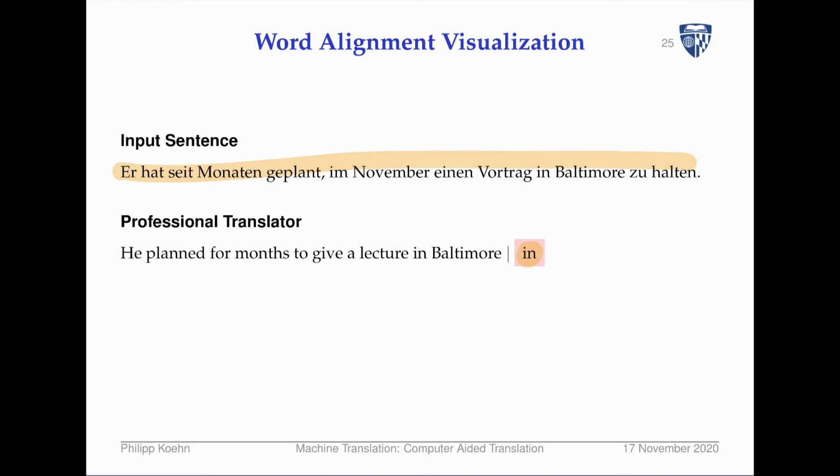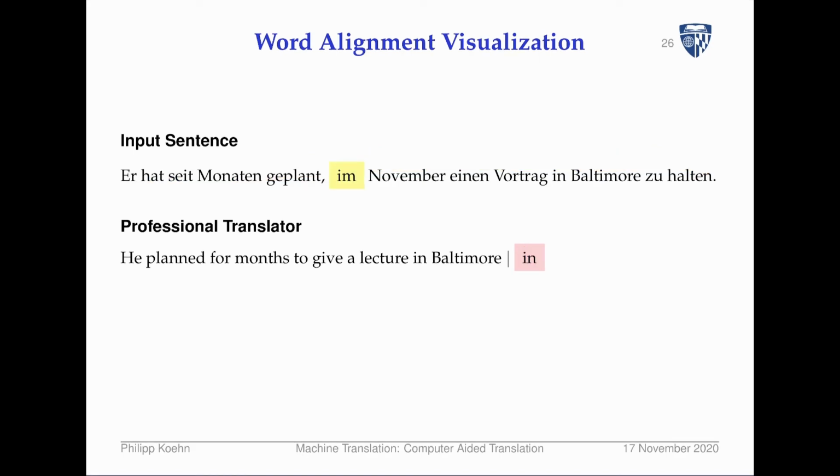So it might be interesting to show the translator, hey, I'm proposing to translate the word "in" because that is the word in the input that I think you should translate next. So we can highlight the word alignment between the next word and the word in the input sentence.